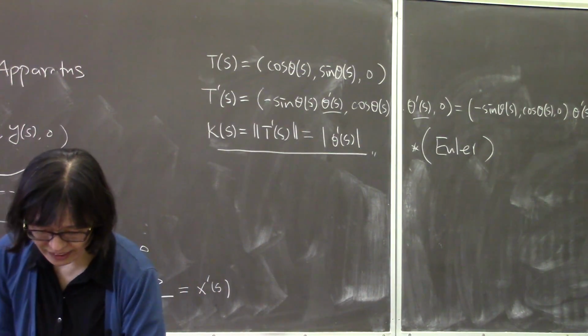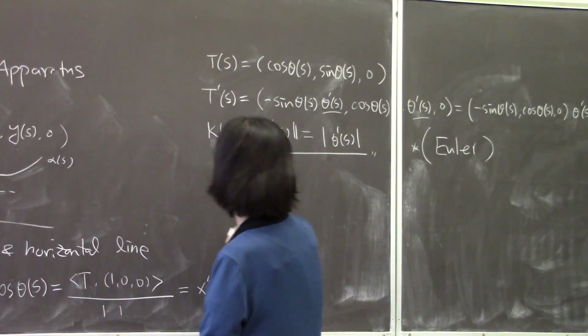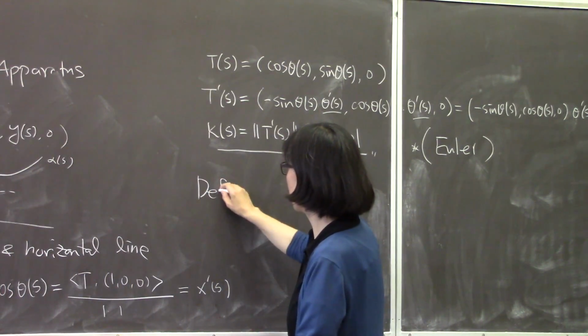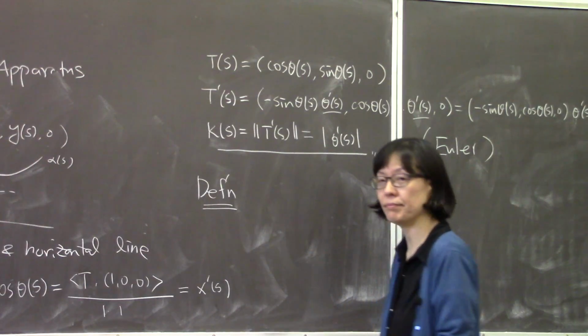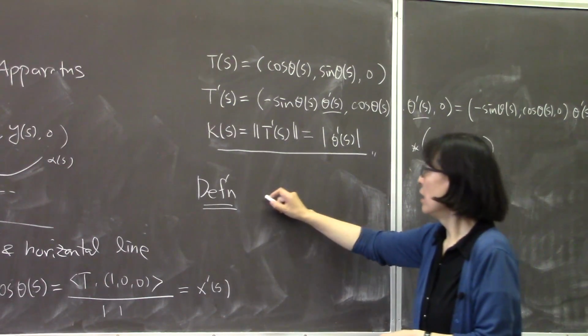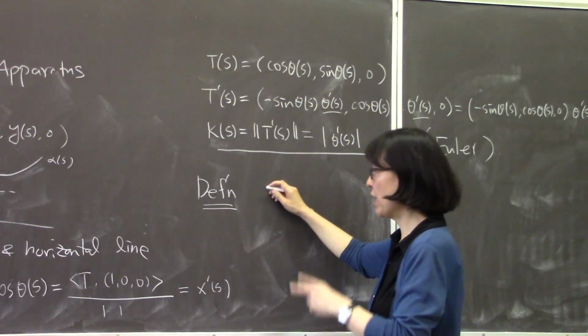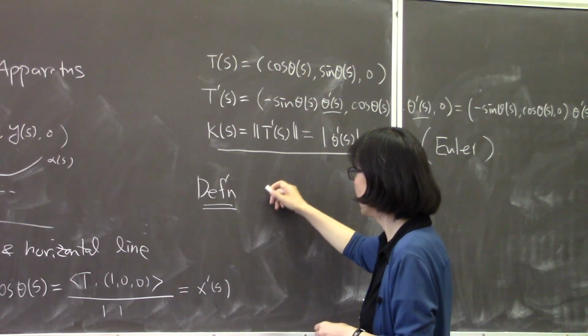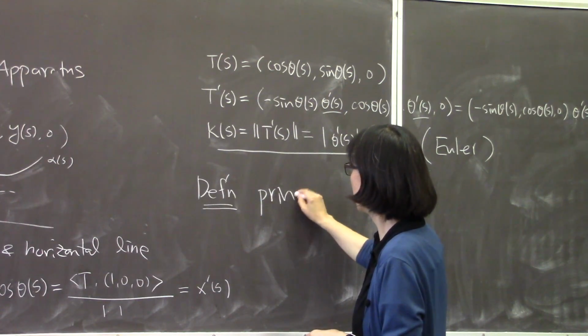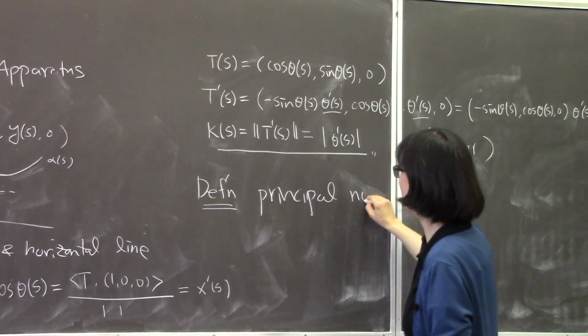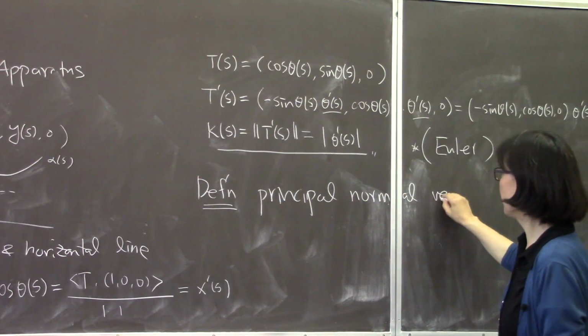Okay. Then we have several definitions. We'll define two kinds of normal vector fields. First, the principal normal vector field.